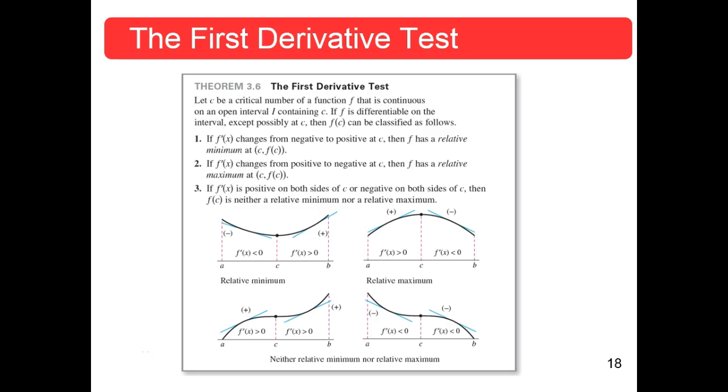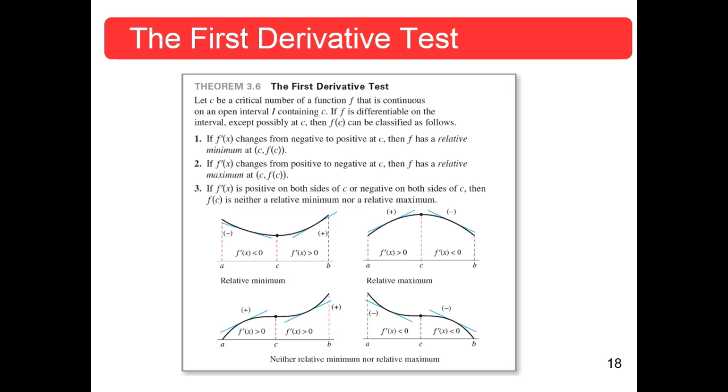It has to be defined everywhere else, otherwise that would be another critical value, okay? Then f of c is classified as follows. If f prime changes from negative to positive at c, then this has to be a relative minimum. If it changes from positive to negative at c, then f has to be a relative maximum.